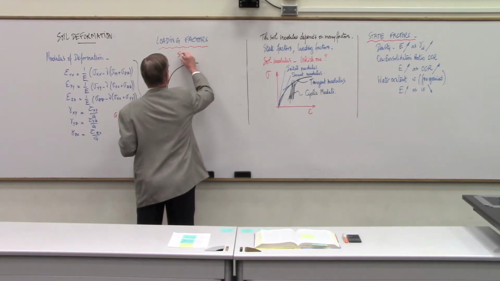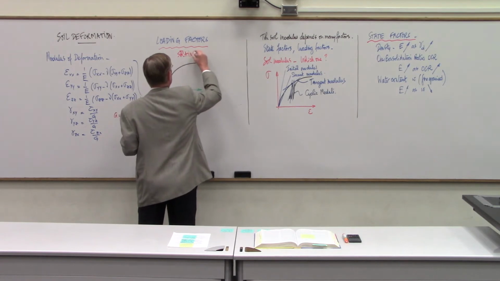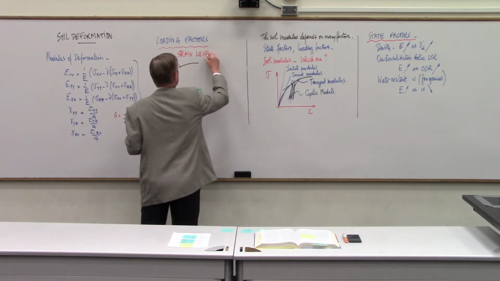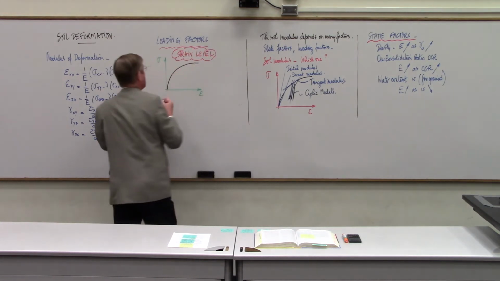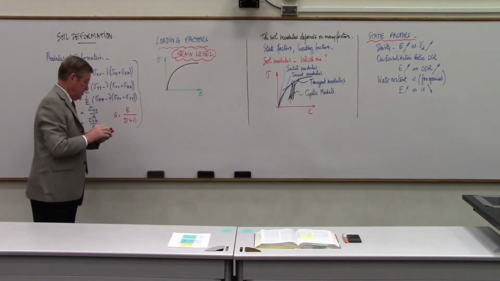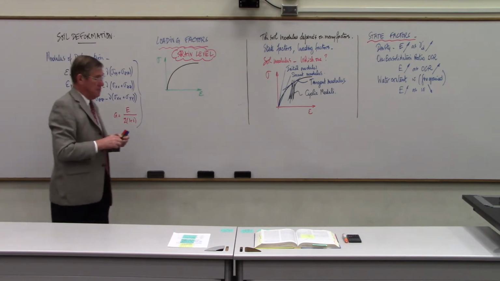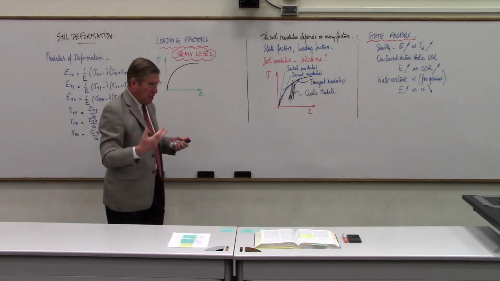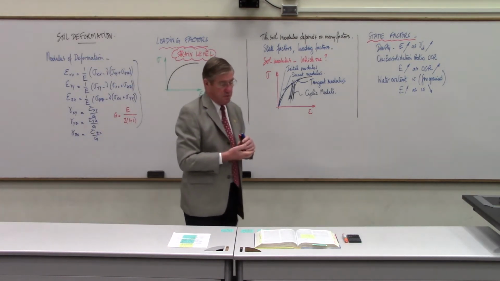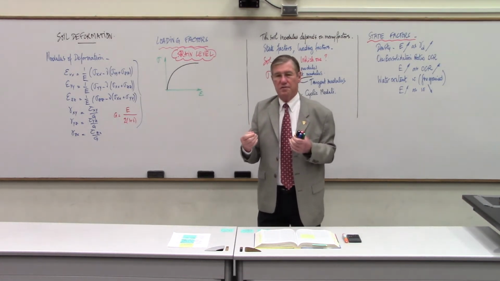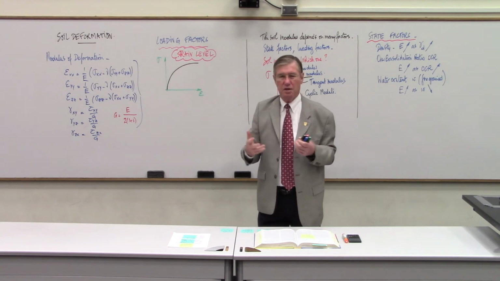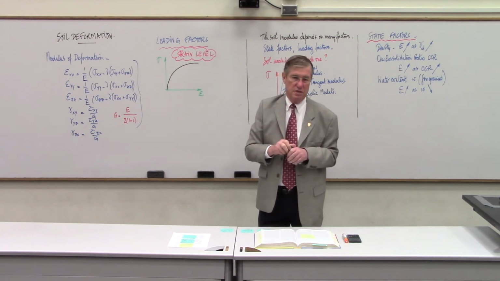So we're going to first talk about strain level. The strain level makes a difference because if you deal with a foundation problem, the strain level in foundation engineering is typically of the order of 1%.